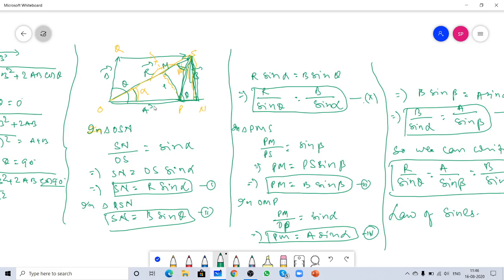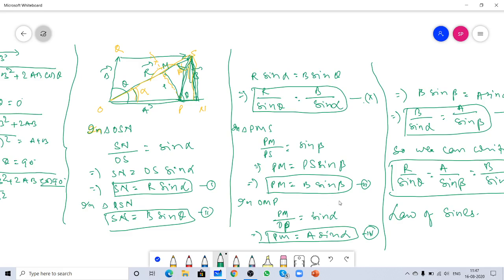Now in front of vector B, alpha is there, so B by sine alpha. So just to remember this law, think R by sine theta is equal to A by sine beta, because in front of A the beta angle is there, and B by sine alpha, because in front of vector B alpha is there. This is how to remember the law of sines.